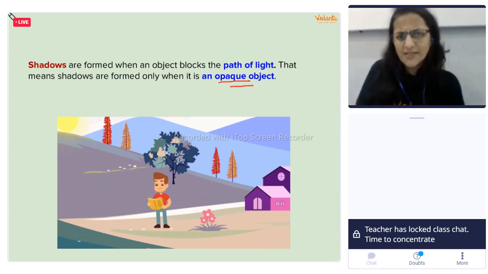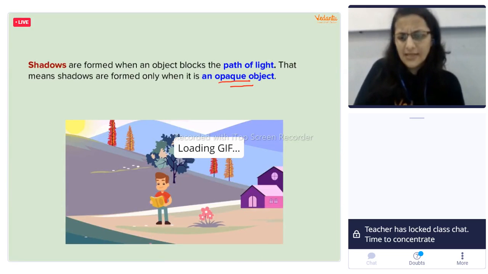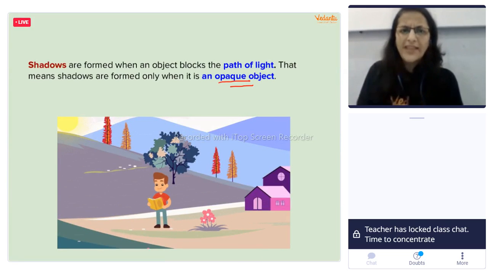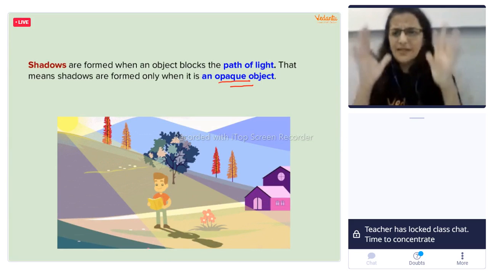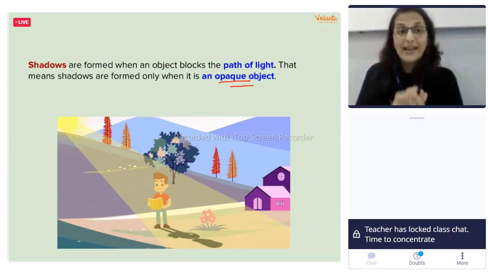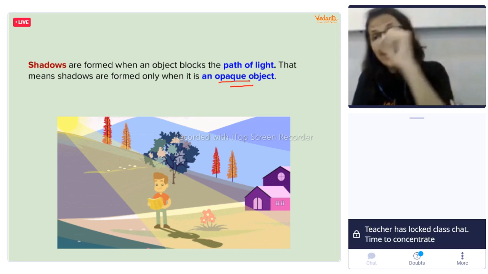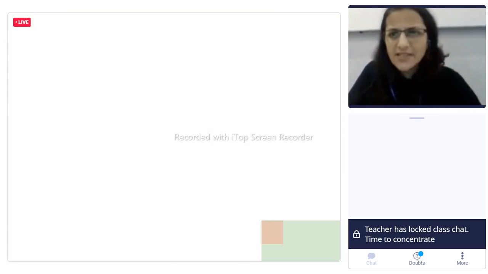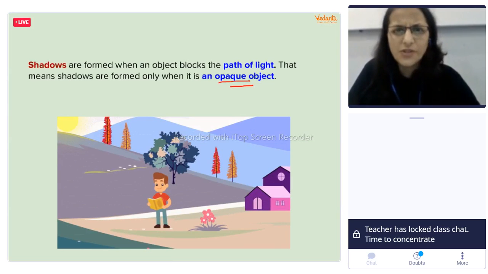Now, can you see this person? This person is standing on the ground, right? Shadows are formed when an object blocks the path of light. Let me just check whether this GIF is working or not.